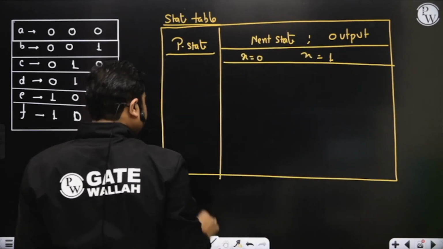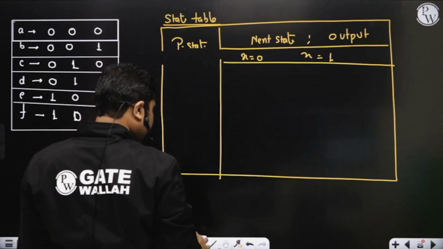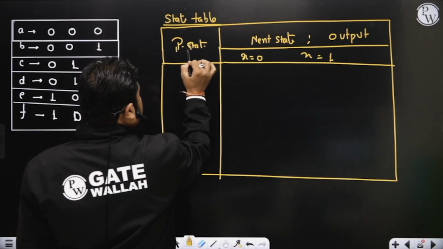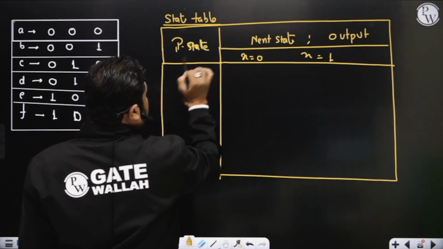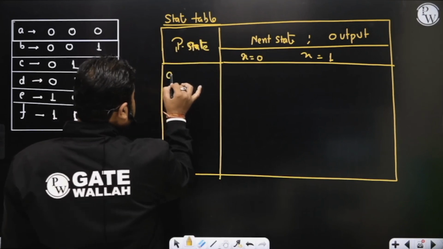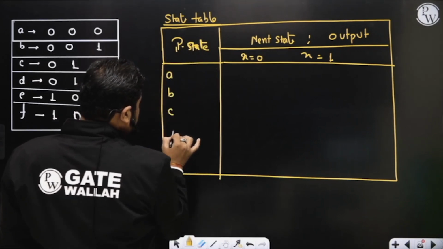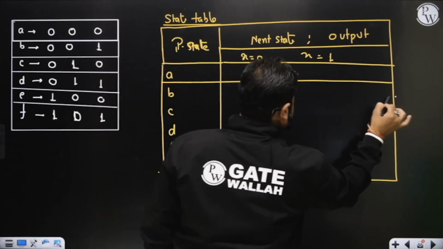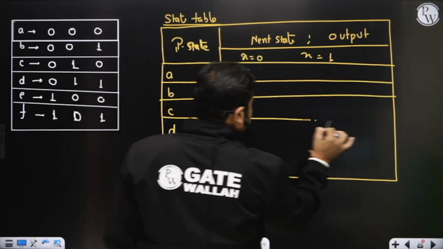Great, sir. Now please observe here. Present state, then next state, comma, output. The present states are A, B, C, D, E, F. Okay? Yes, sir.